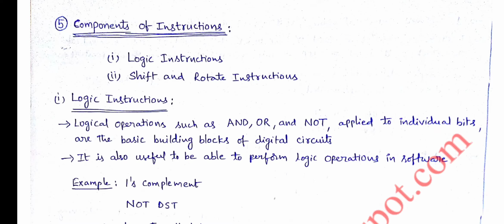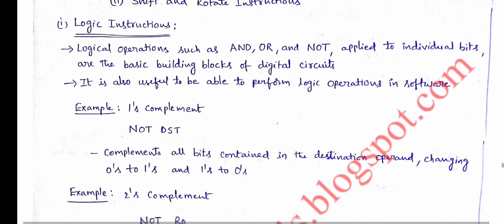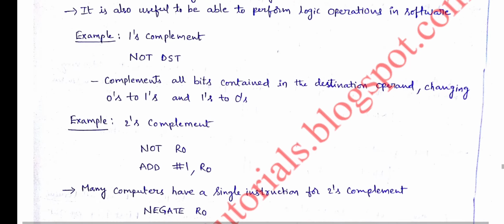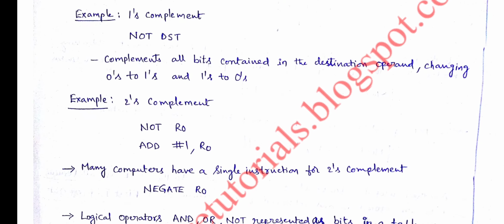Example, one's complement. NOT DST, where DST is nothing but a destination. Here NOT means logical NOT. It complements all bits contained in the destination operand, changing zeros to ones and ones to zeros.